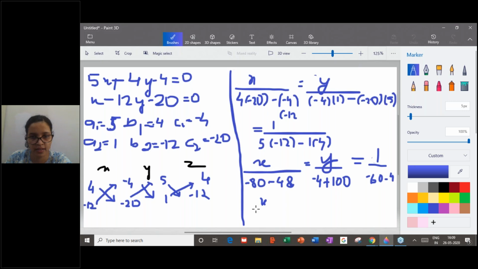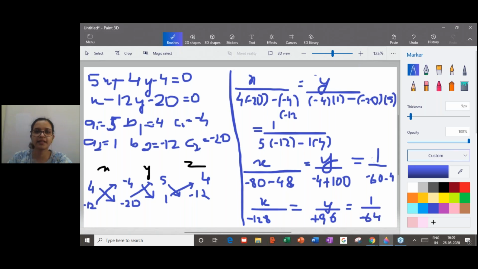So it becomes x plus, what is this, 80 and 48 will be 128, is equal to y by 100 minus 4, 96. Oh, plus 96 it will be, is equal to 1 by minus 64. Correct?